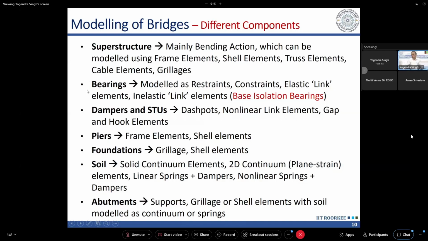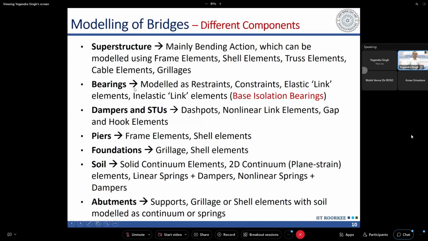Then the second important component, which we also saw in the damage photographs, is the bearings. Bearings are usually modeled just as restraints. Restraints are the boundary conditions. Suppose I have a superstructure supported on a rigid abutment.